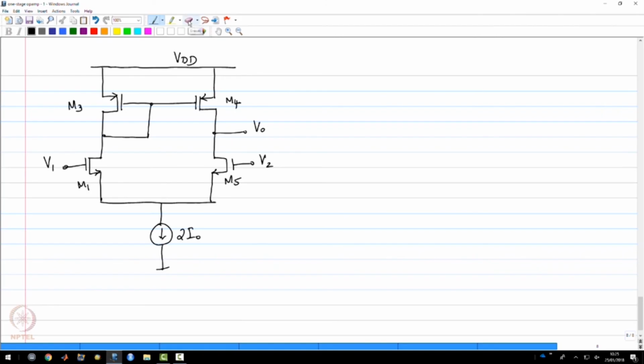As we know, a current source can be replaced by a transistor with a bias voltage at its gate, and this is what we are going to do, because we do not want an ideal current source to be hanging out in our circuit. So we will replace this with a fifth transistor, which I will number M5, with some bias voltage connected at its gate.